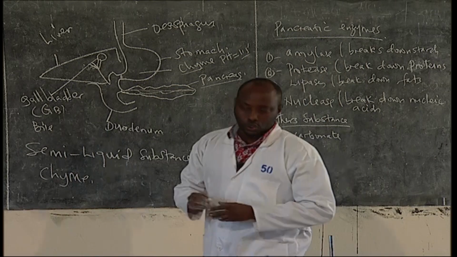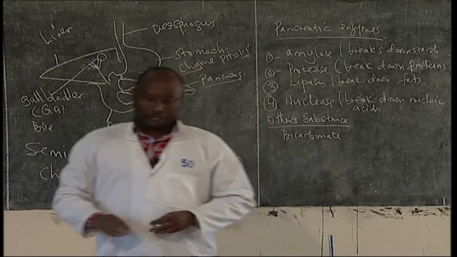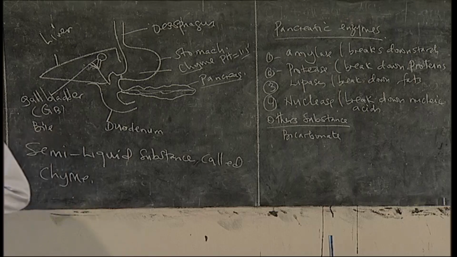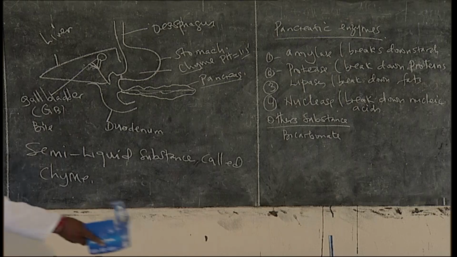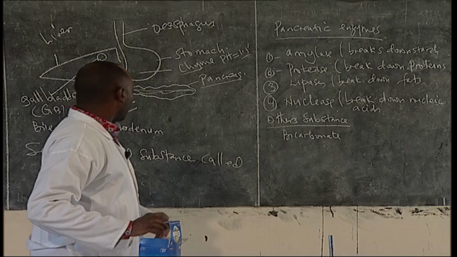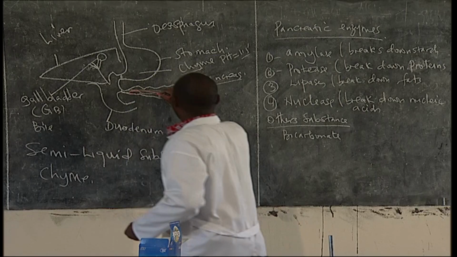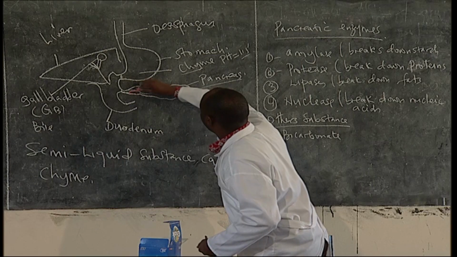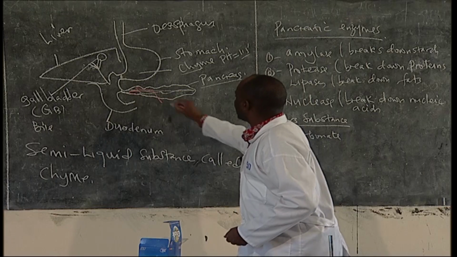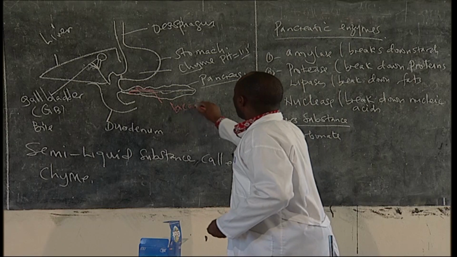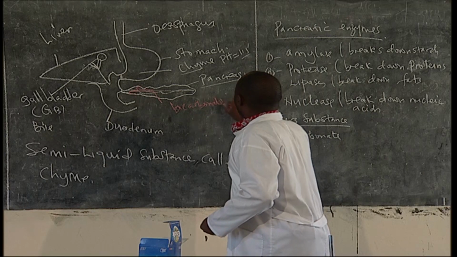I can try to show you. Let me get a piece of chalk. This is the diagram showing the pancreas releasing some enzymes and also releasing bicarbonate, which is very important.